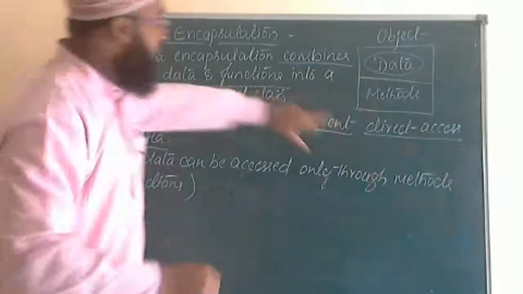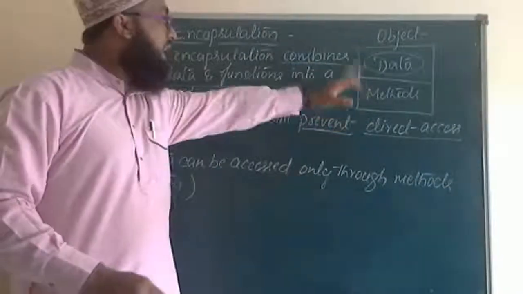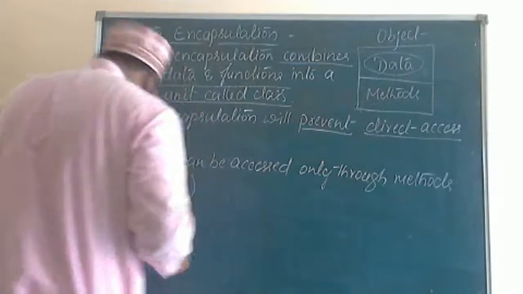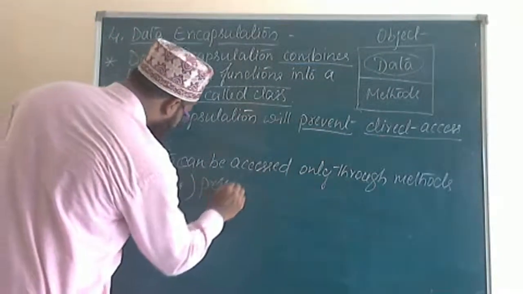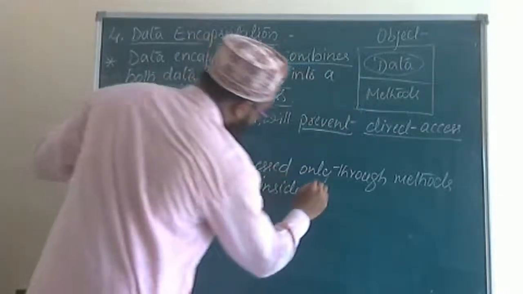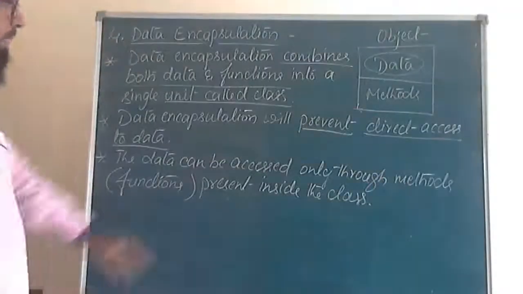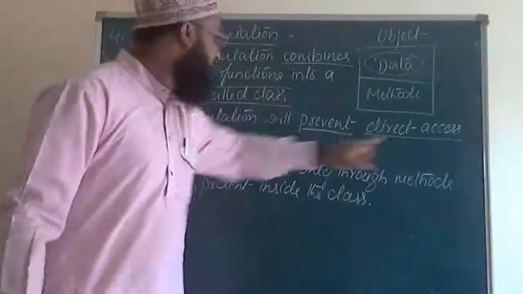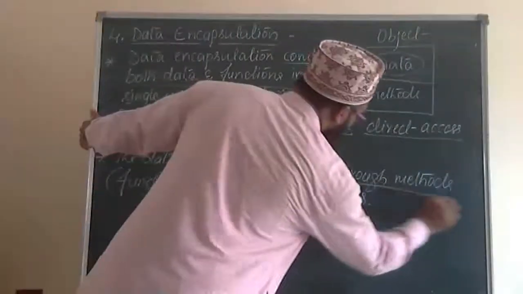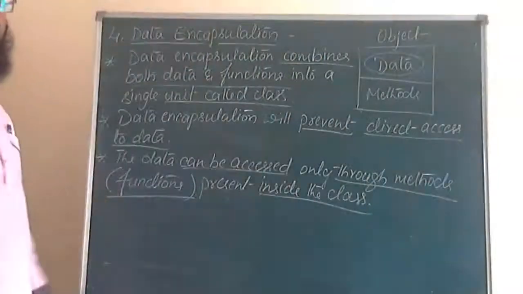Here, data can be accessed only with the help of functions. It cannot be accessed directly. Data cannot be accessed directly, and the data can be accessed only through methods, which means functions present inside the class.